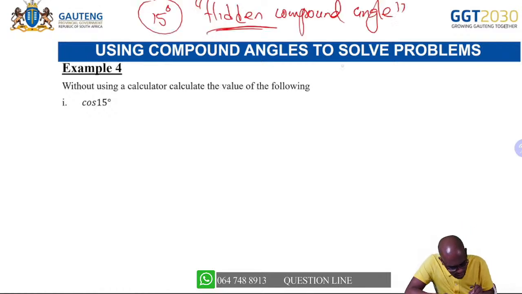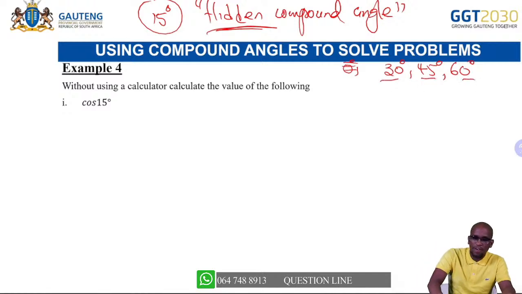We know our special angles are 0. Obviously, most ones that we use here will be 30, 45, and 60. These are the mostly used special angles there. So we have 0 and 90 as well as part of these special angles.